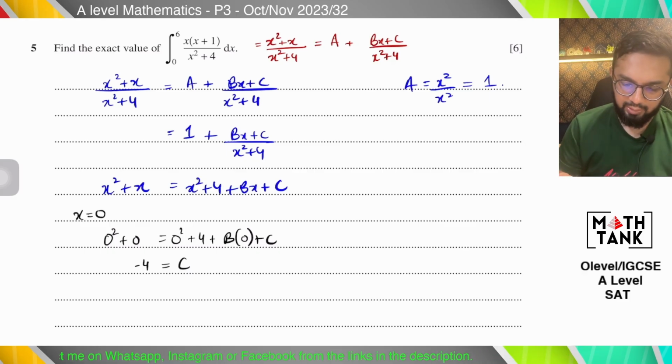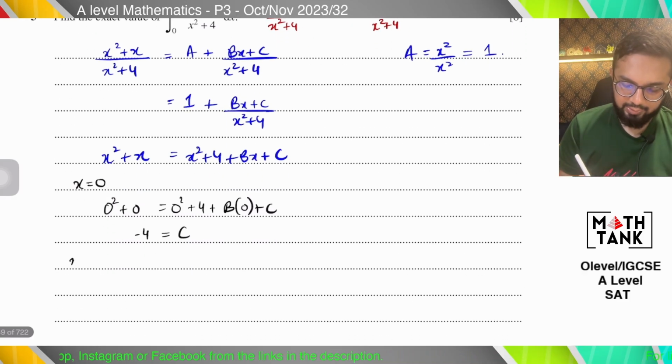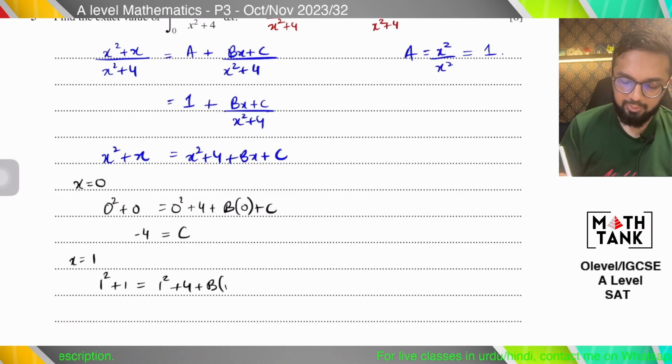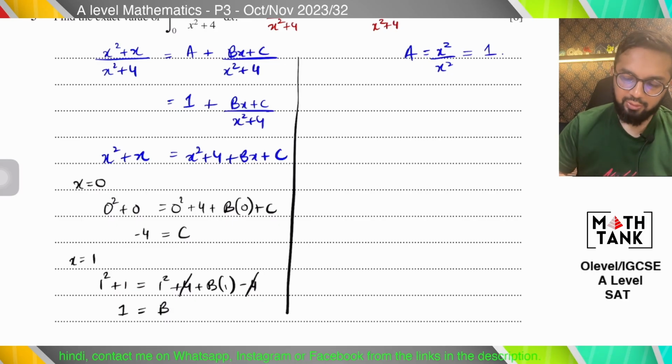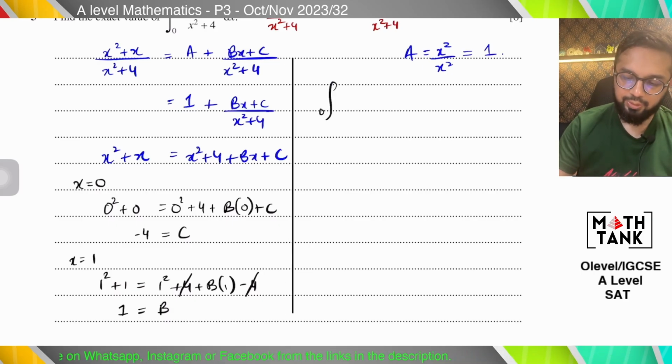And then if I have x equals 1, this becomes 1 squared plus 1, 1 squared plus 4 plus b times 1 minus 4. So I get b as 1. So my partial fraction actually breaks down into 1 plus x minus 4 over x squared plus 4.